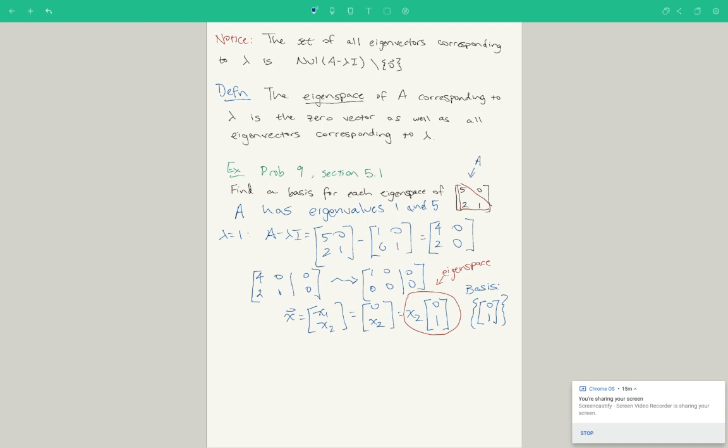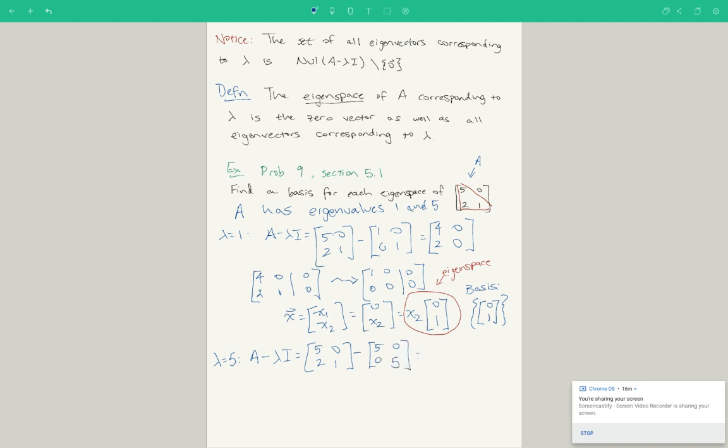All right, let's try lambda equals 5. For lambda equals 5, we're going to go ahead and do the same thing. So we're looking at A minus lambda I. We'll just take our matrix A, and we'll subtract off 5 times the identity matrix. So that's 5, 0, 0, 5.